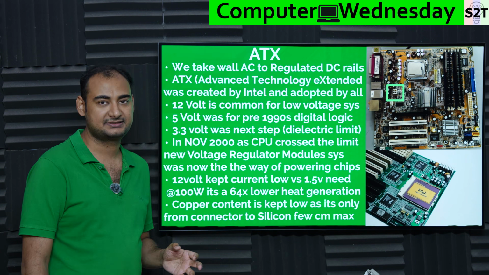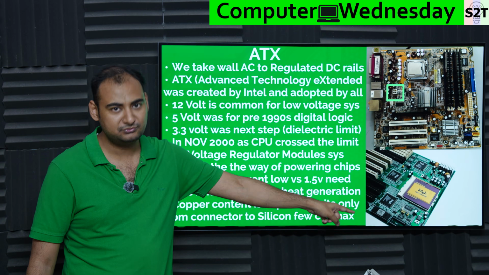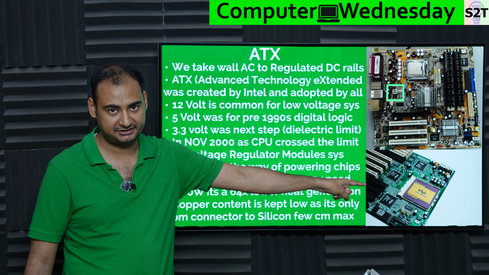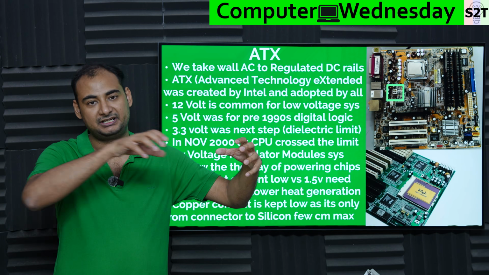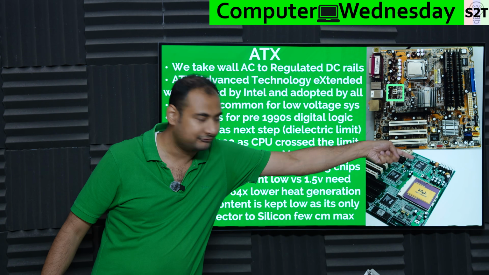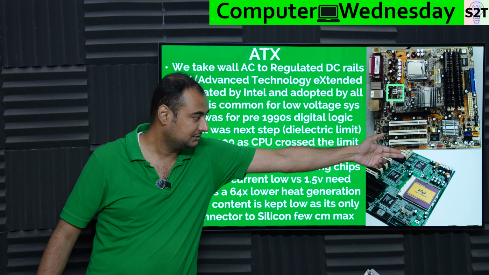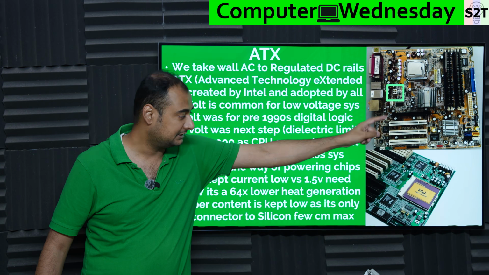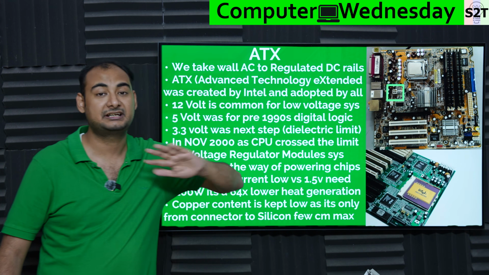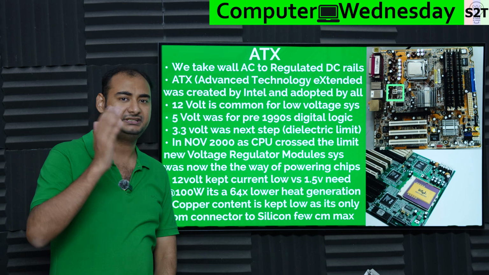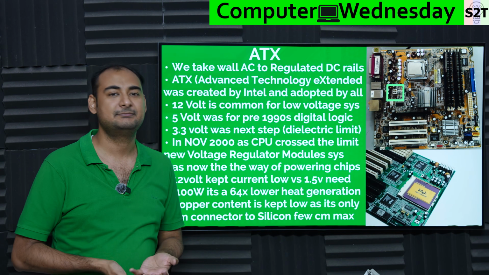So they had to create a system where the item that is consuming the power has its own regulator, so to say. Your power supply will provide 12 volt, and before your CPU there is a regulator that converts it down to what it needs, and then it works. And be mindful, this time the regulator cannot be linear. Before this, it could be a linear power supply because they were not that power hungry.